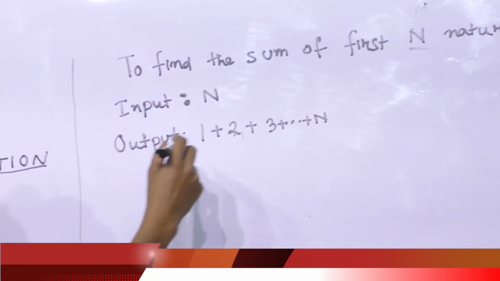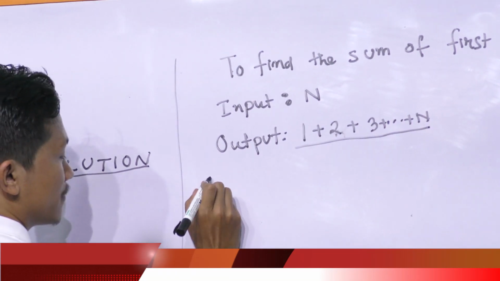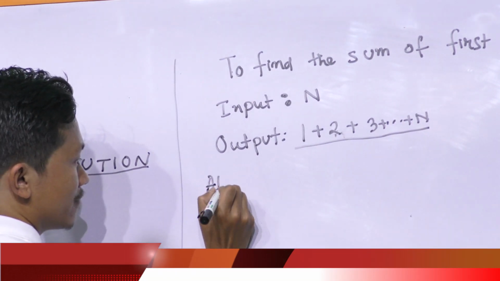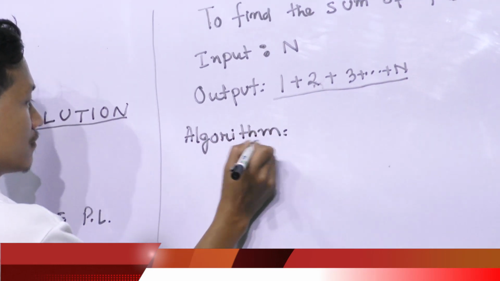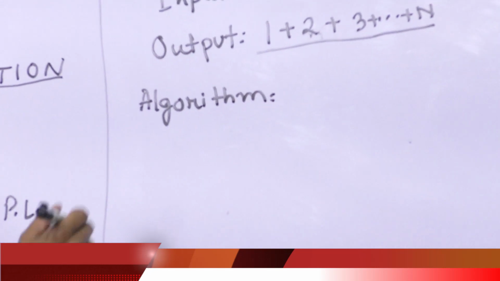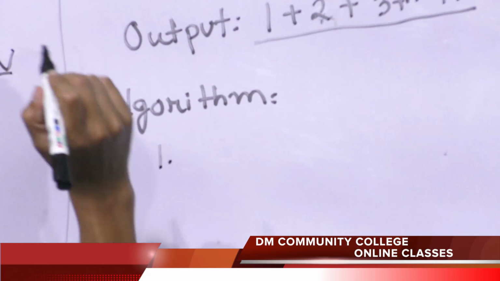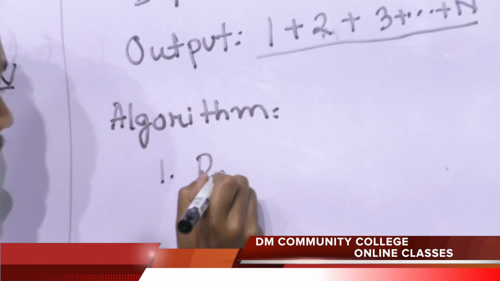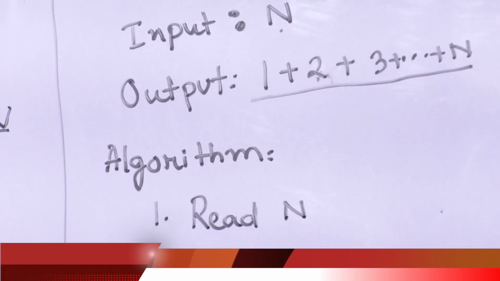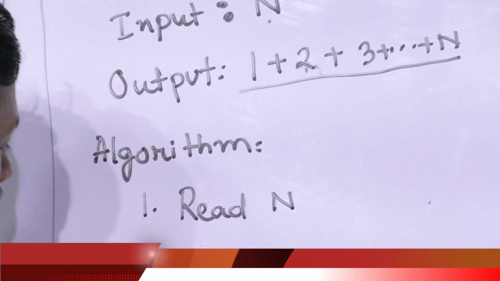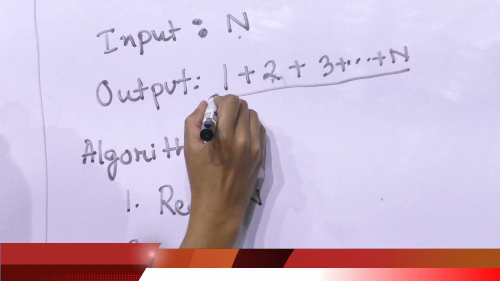So how can we achieve this value? We'll try to write the algorithm. In step 1, we have to read the value of n. After that, we have to initialize the value of this intermediate sum.